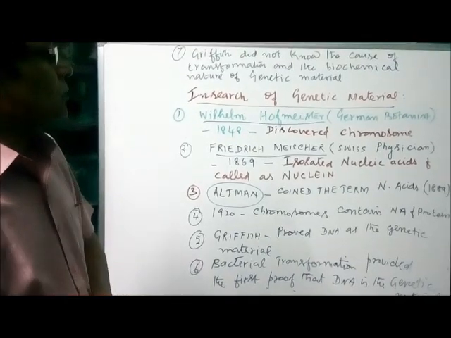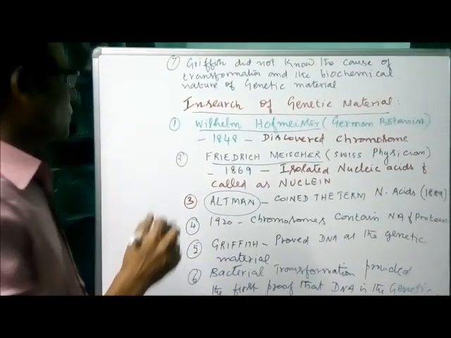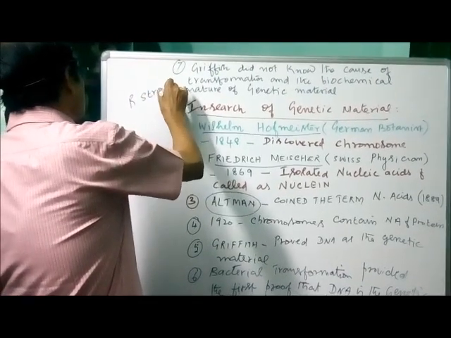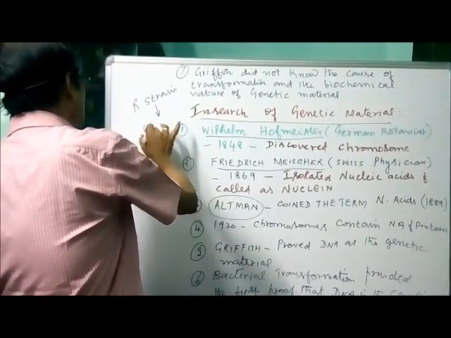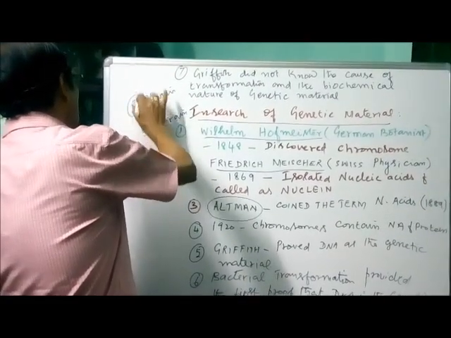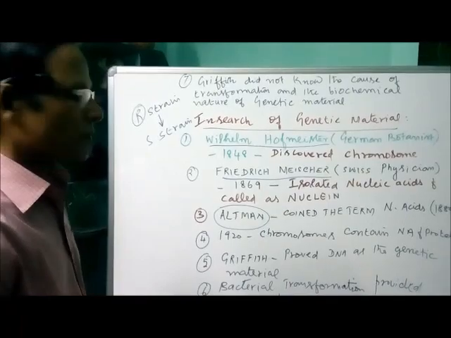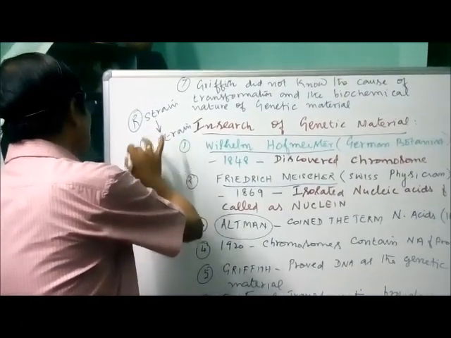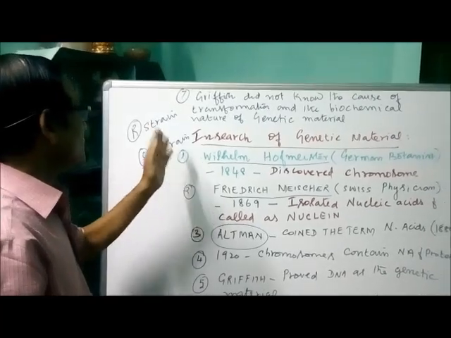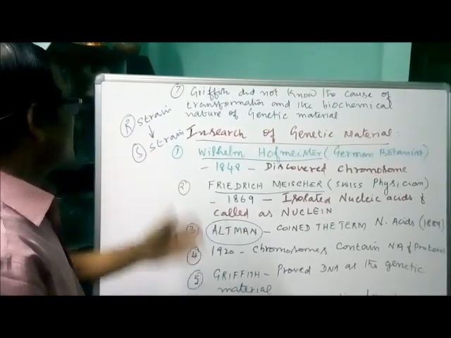But Griffith did not know the cause of transformation. One type of bacteria, called the R strain in his experiment, gets converted to the S strain. We'll talk about this soon. The R strain is non-virulent, non-toxic, and the S strain is virulent, causing the death of the mouse. That's why it's called the virulent strain.